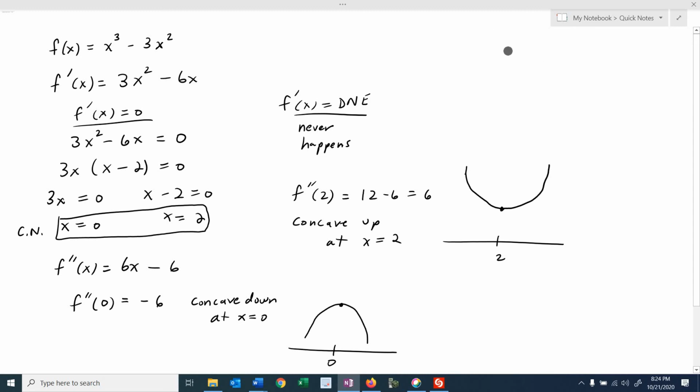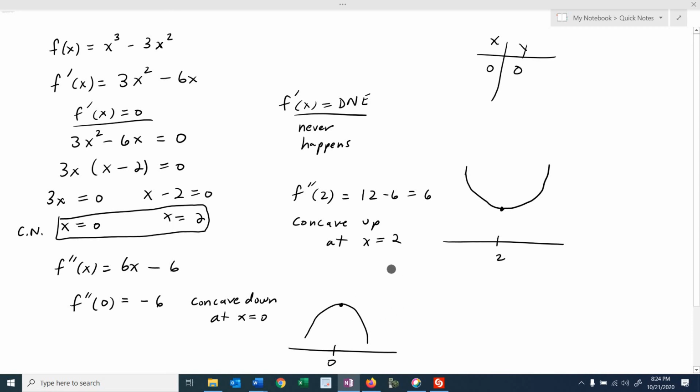Okay, so let's just finish this off. Let's actually find the local minimums and maximums. Remember, the local minimums and maximums are actually the y values at these particular points. To do that, you're just going to take 0 and plug it into the original function to find its corresponding y value. So in this case, you get 0 out.